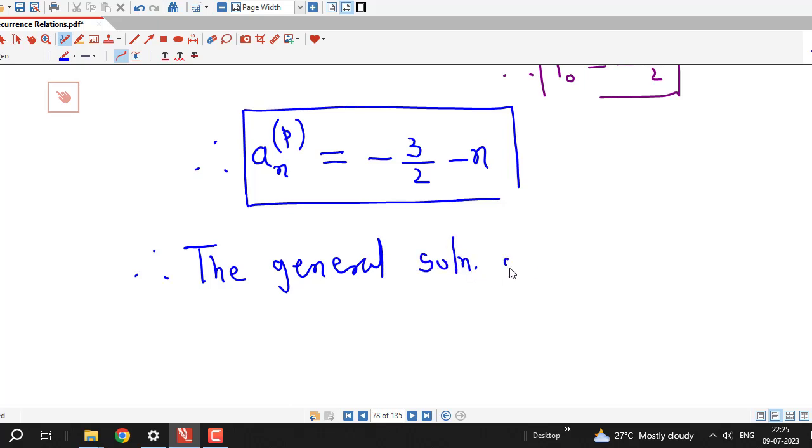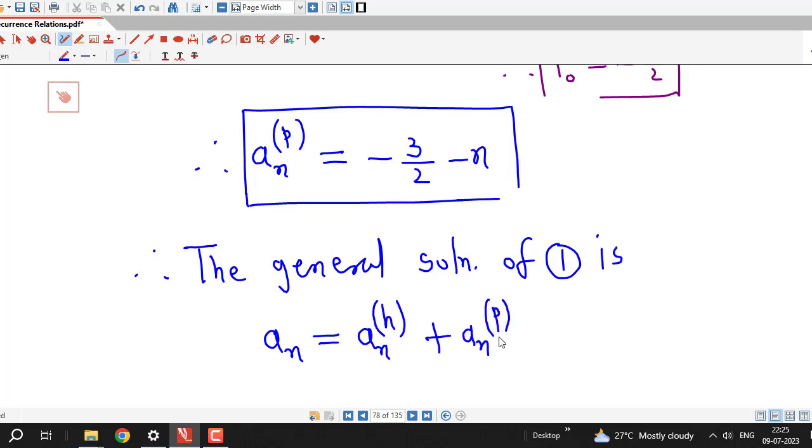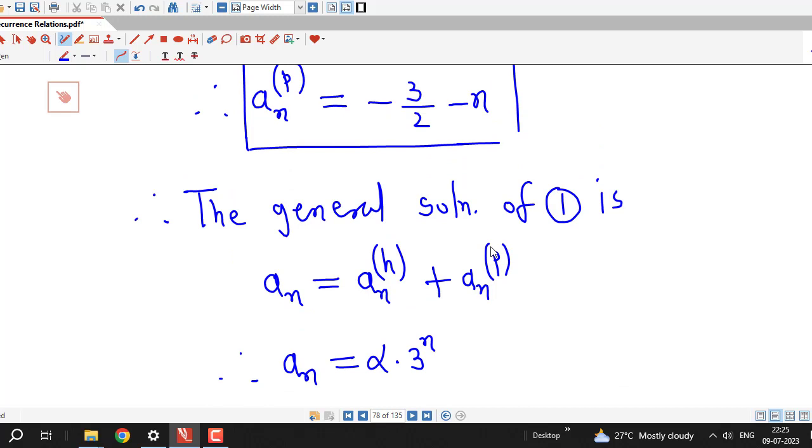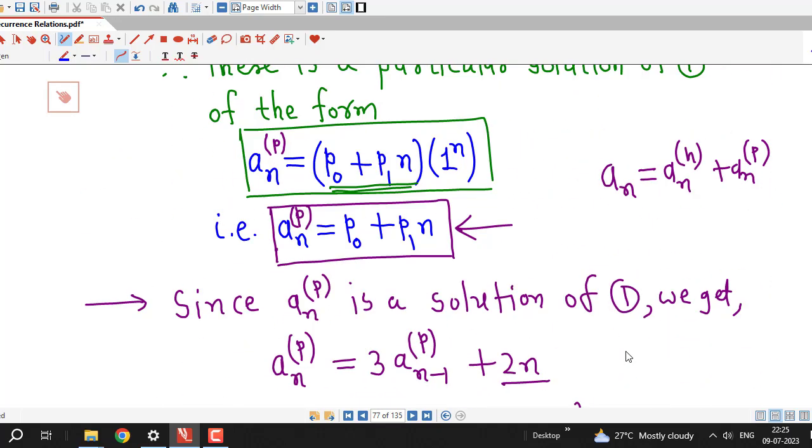The general solution of the given recurrence relation 1 is a n equal to a n h plus a n p, and therefore a n equal to alpha into 3 raised to n, and here I have minus 3 by 2 minus n. Let me check a n h also. a n h is alpha times 3 raised to n.